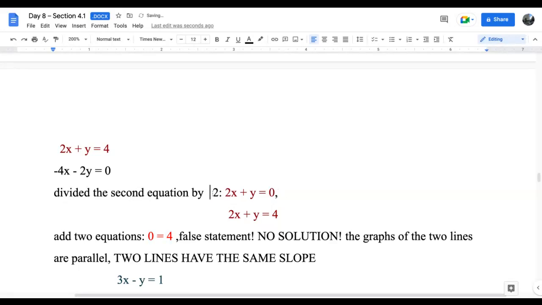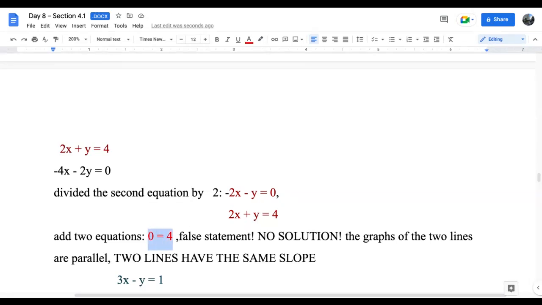If we have negative 2x, negative y, we can add those two equations, right? Once we add those two equations, we get 0 equals 4, because negative 2x plus 2x equals 0, and negative y plus y equals 0. So that means 0 equals 4.